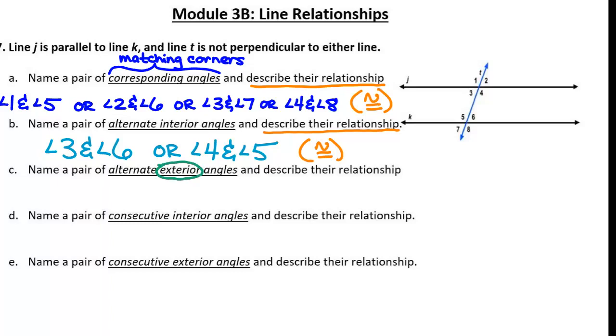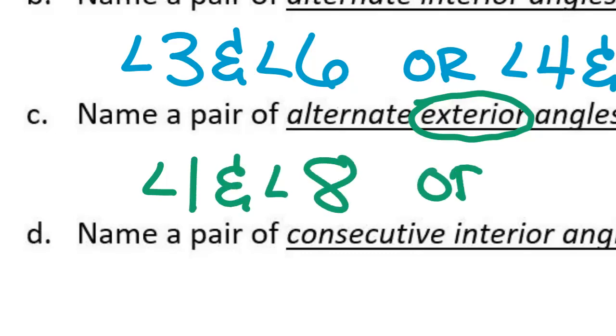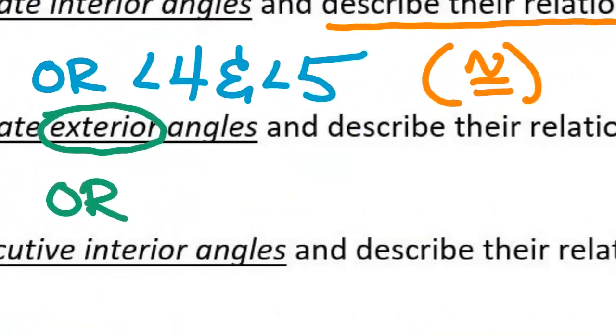Part C, I want alternate exterior angles. So now I'm not looking inside the lines at all. What would be a pair of alternate exterior angles? 1 and 8, or you could have named 2 and 7.